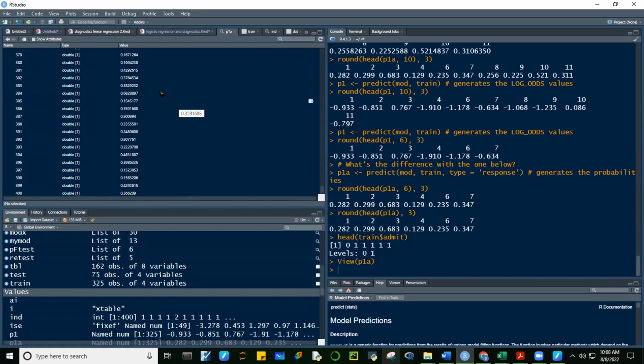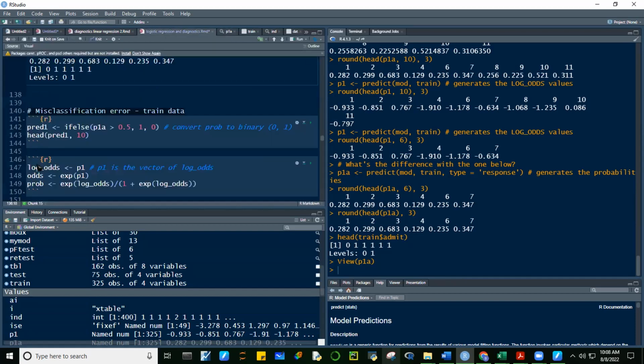Now we're going to create an object called pred1. What does it contain? We'll use the if else. If P1A is greater than 0.5, it creates 1, otherwise 0. Let's run this.